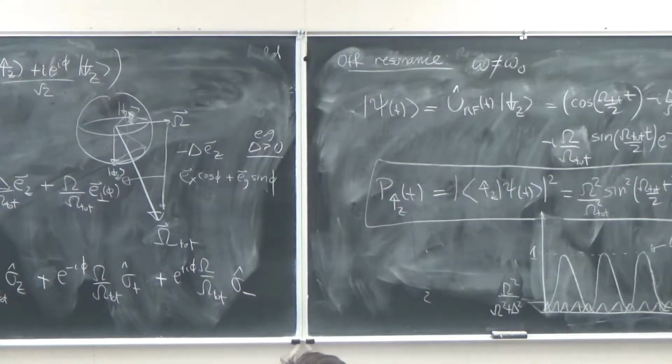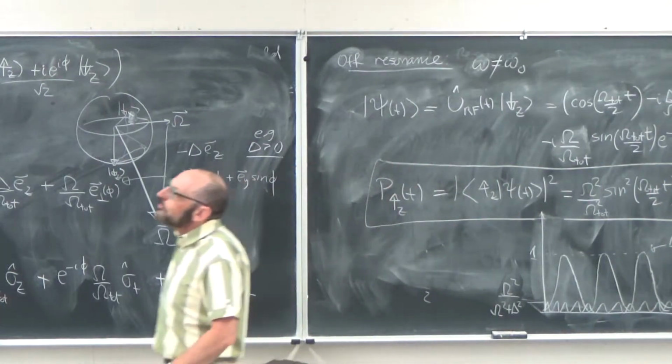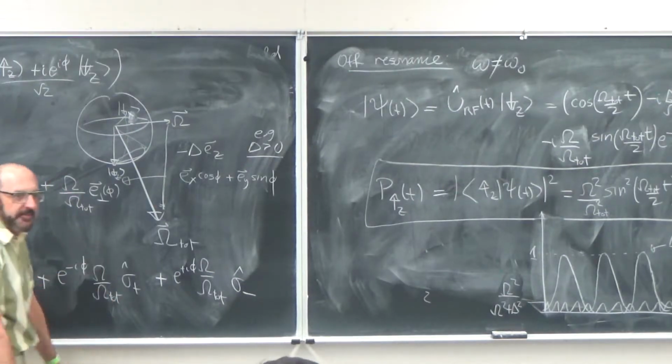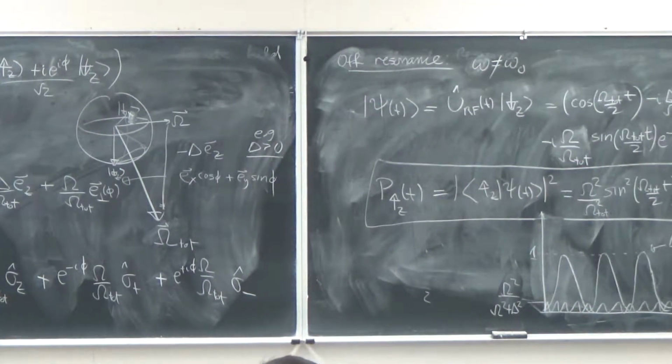Now, some people like to use some language that I don't particularly like to use, but I'll just mention it. People say, well, you're off resonance, you're not making a real transition. This is a virtual transition into the excited state, and somehow that's okay because the time-energy uncertainty principle says... what the heck are we talking about?